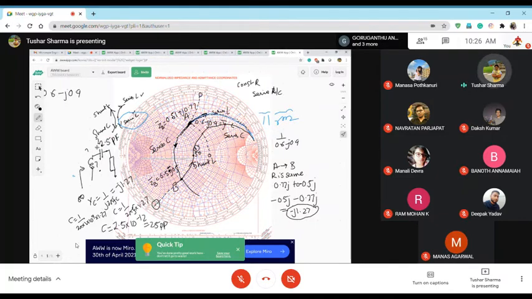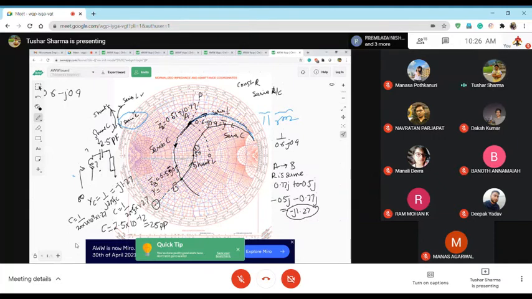Now the next element is shunt. Whenever there is a shunt, convert this Z to Y. Similarly, what was 0.5 plus J, it was minus J 0.5. So let's see how much will be the value of this reactance at B. This is Y is equal to 1 circle.